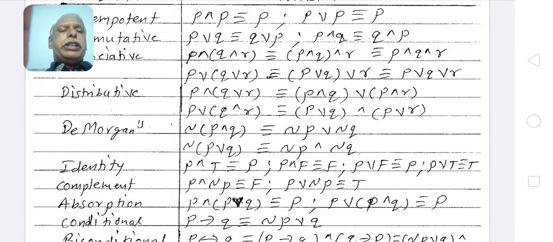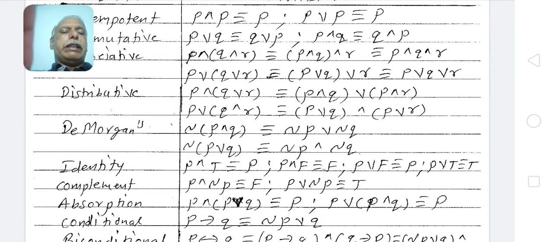Now, negation of P and Q, negation in bracket P and Q. While we take this negation sign inside the bracket, it goes to both P and Q. But while doing so, you have to change the middle operator AND into OR. The result is equivalent to negation P or negation Q, or vice versa. If there is an OR operator between P and Q, then after simplification it becomes an AND operator and the negation goes to both P and Q.